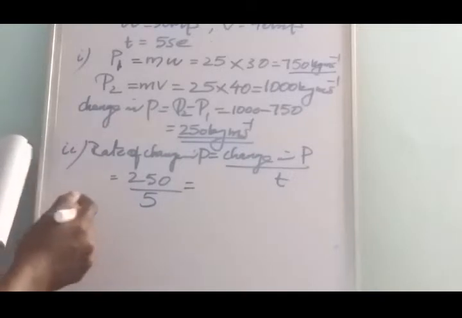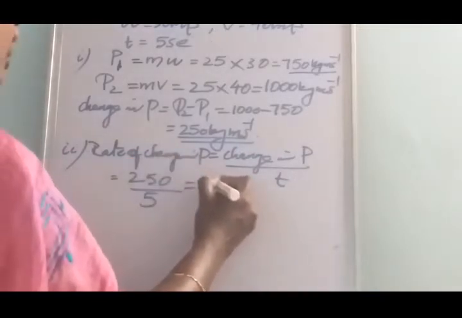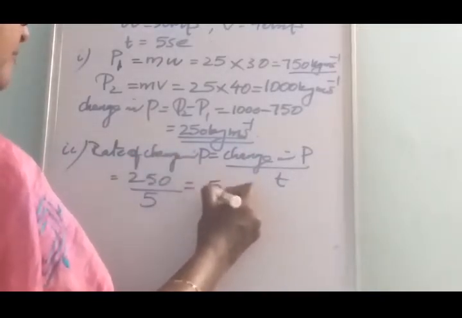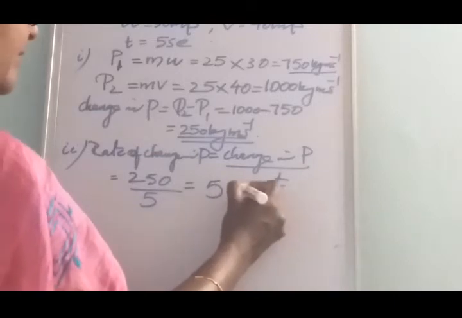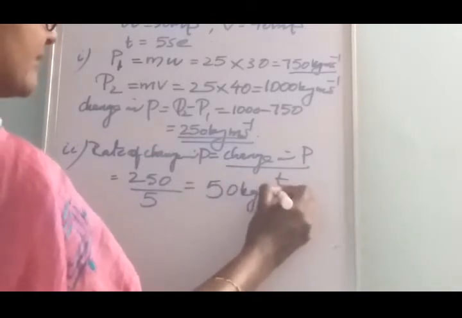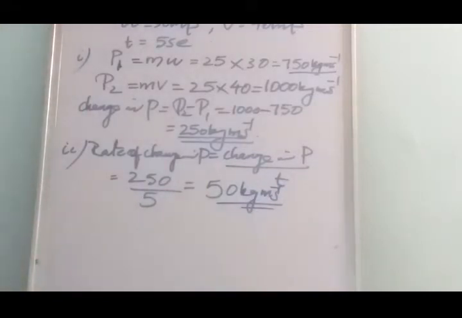So 250 by 5 is 50 kilogram meter second raised to minus 1. This is the rate of change of momentum.